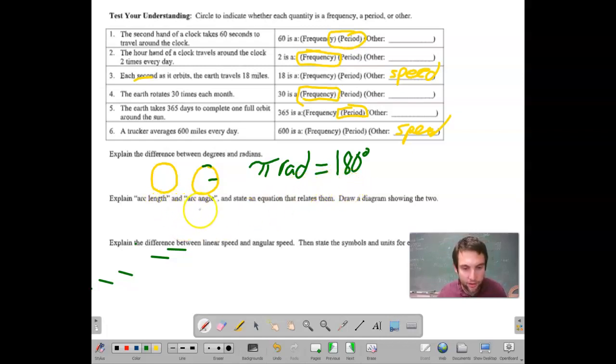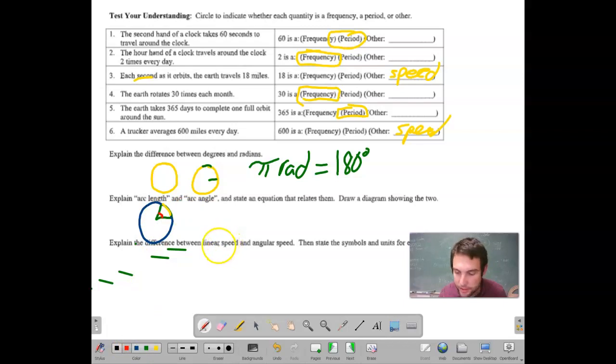Explain arc length and arc angle. Arc length is going to be the length that you have traveled around the circle, similar to that radian. We have a circle here. The arc length will be in yellow, and the arc angle will be in red.